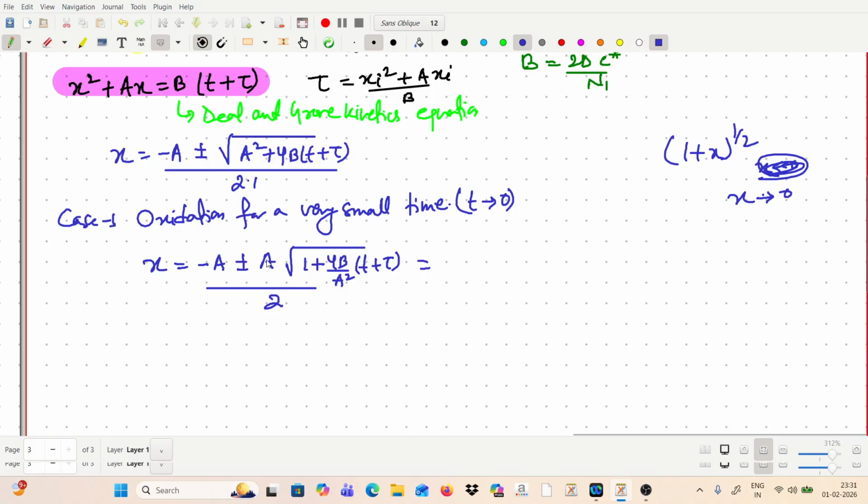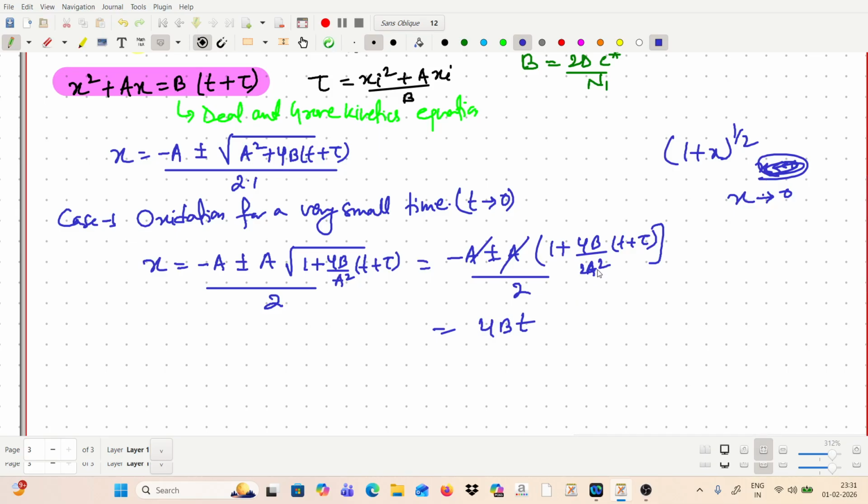Okay, so if we solve this one, minus a plus minus a 1 plus 4b by a square t plus tau into 2 by 2. So this a and a will be cancelled out. So what we can write, 4b t by a.